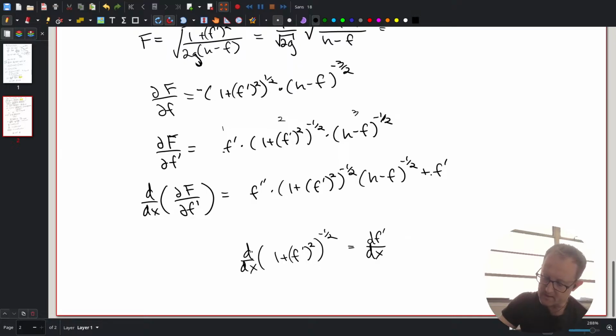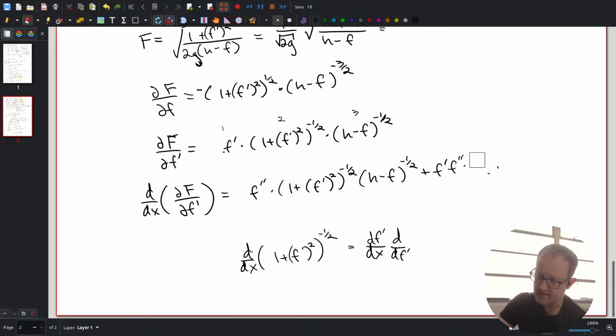So it should be f prime times f double prime, because of df prime dx, and then I can take that df prime in here, and now I can say times a negative 1/2 and a 1.